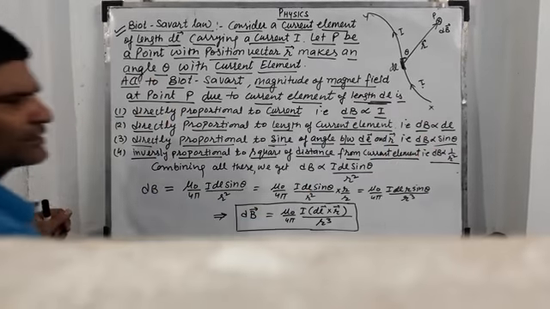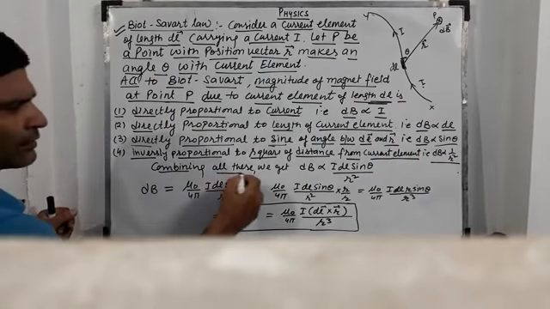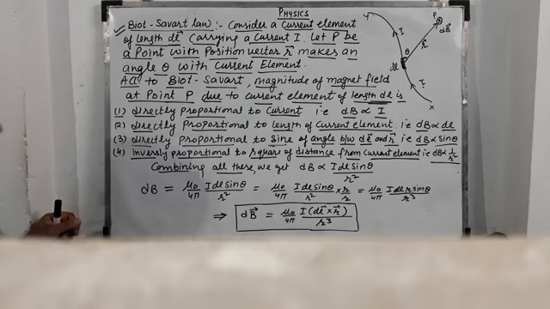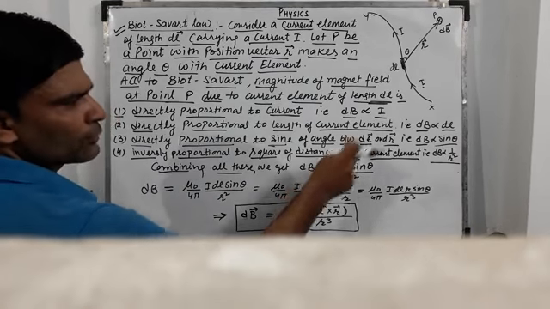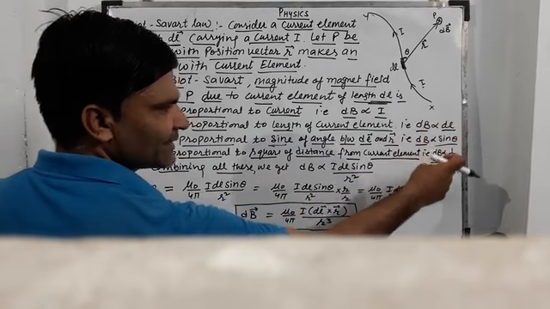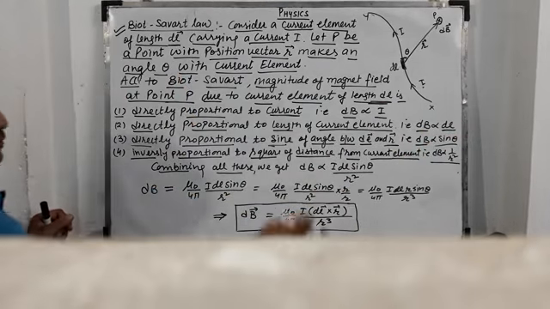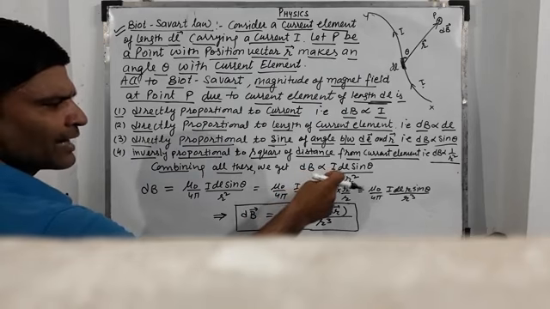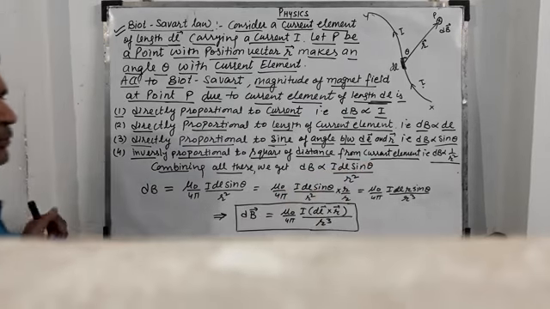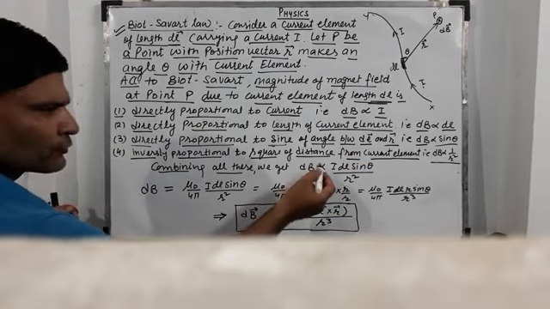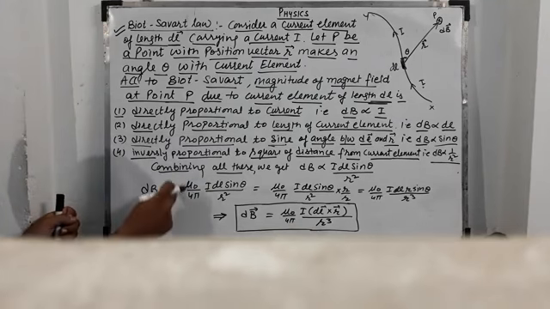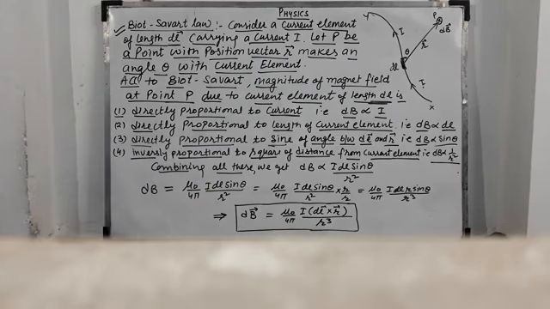Combining all these, we get dB proportional to I dl sine theta upon r square. Now remove the proportionality and introduce the constant.